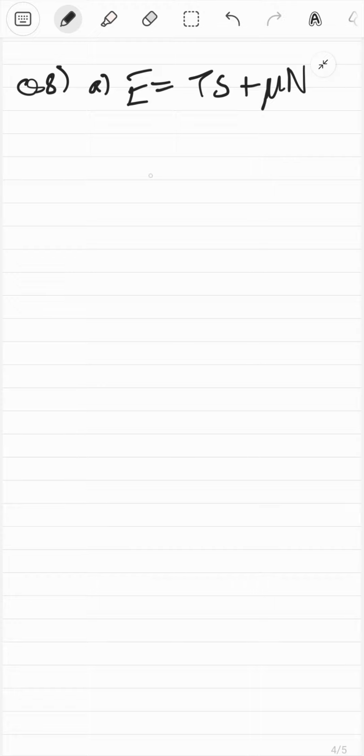Another way of probably doing it is partial E by partial N, but N is changing, right? We can't really do that. If N is changing, then we have this thing that if S changes then N changes, and that's not good.